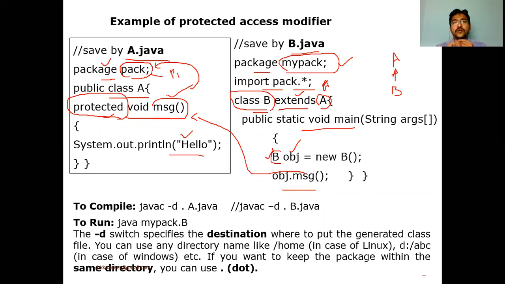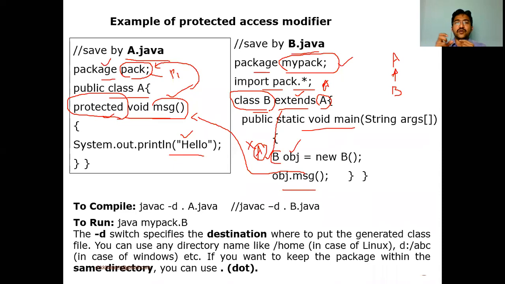Only then, with the help of that object, can we access data members, methods or constructors, right? Now here I'm creating the object of class A or B? B, because msg is available in A. I would need to create the object of class A, right? But I'm creating the object for class B. Why? Because we are extending.